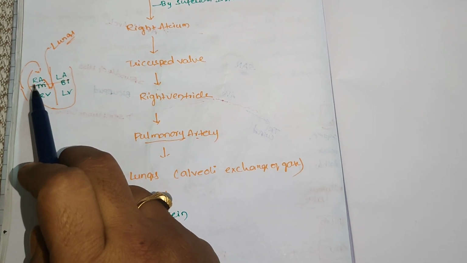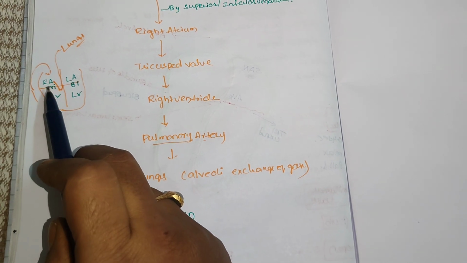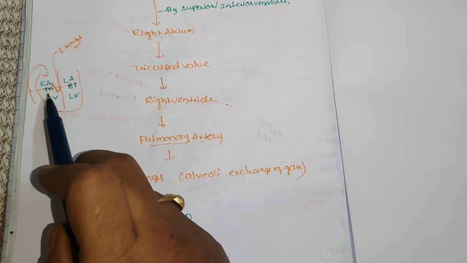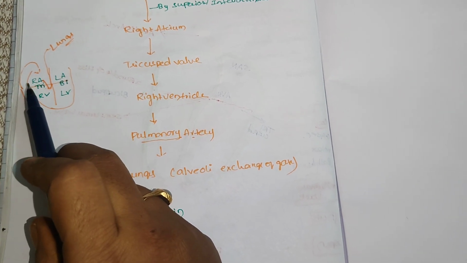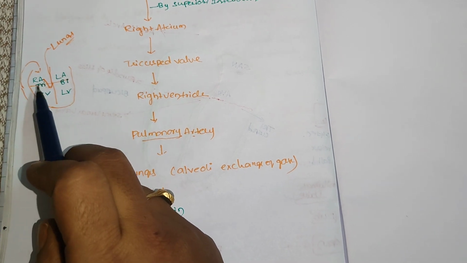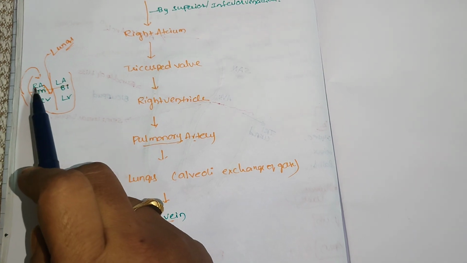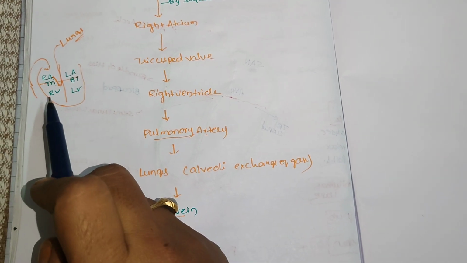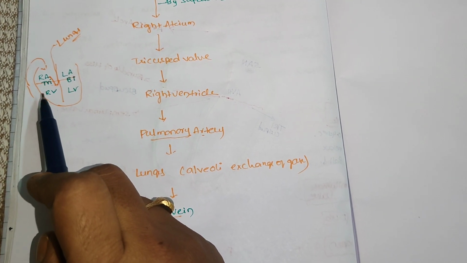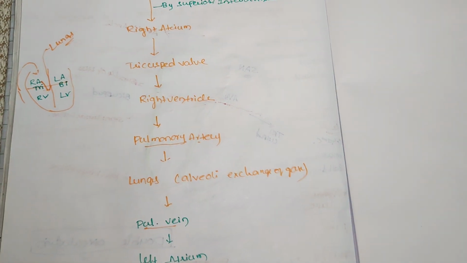Already I explained, right side, here we have to concentrate R. R means right side. Between the right atrium and right ventricle, we have a tricuspid valve that prevents backflow. The blood will enter from right atrium to right ventricle, but it prevents flow from ventricle to auricle.